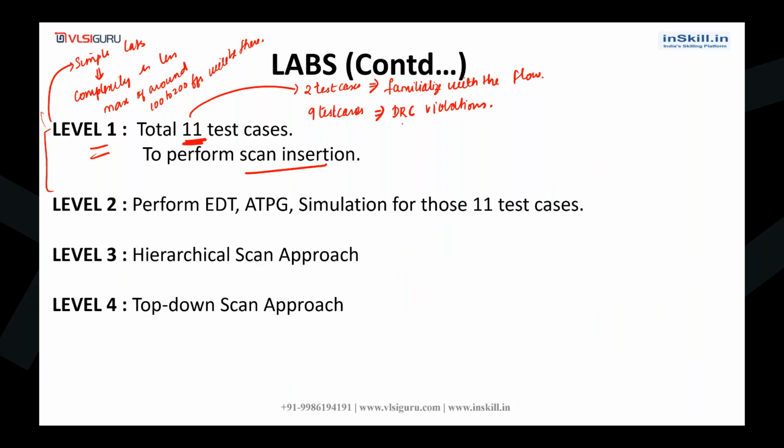While using Tessent tools, we have 3 methods with which you can fix the DRC violation. One is the manual editing of the netlist method.